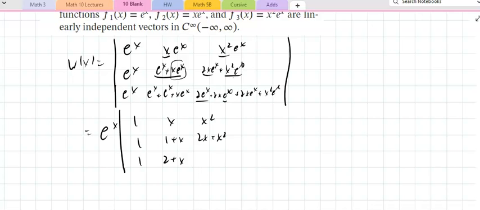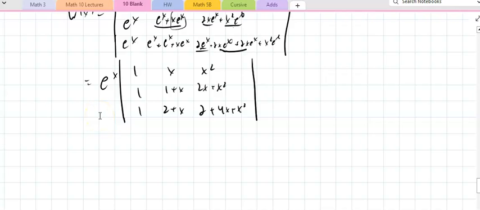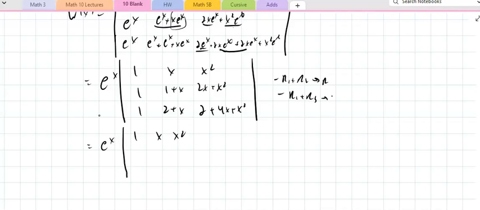That would be 2 plus 4x plus x squared. Let me just double check my work really quick before I go on. Okay, I could take negative row 1 plus row 2 and put it in row 2. And negative row 1 plus row 3 and put it in row 3. I'm trying to make it a triangular matrix.